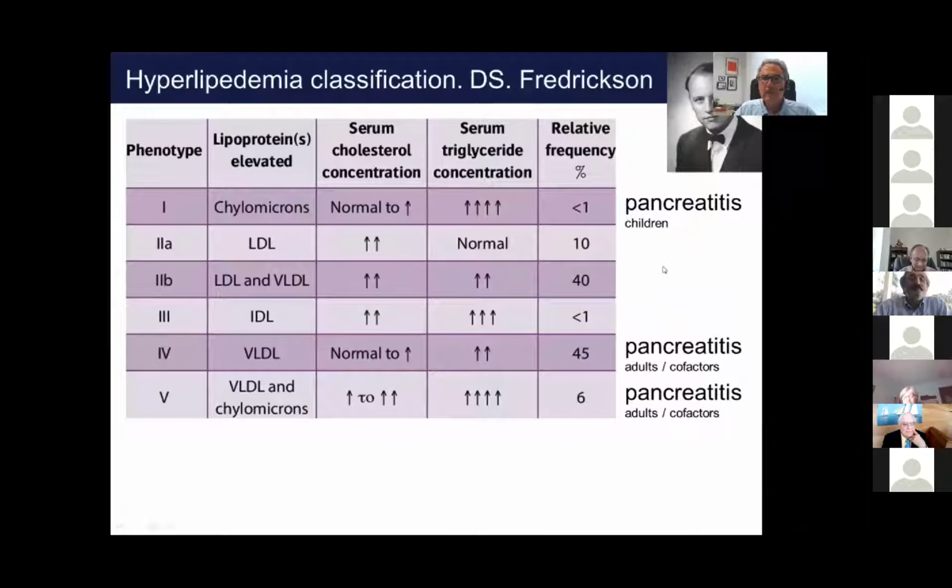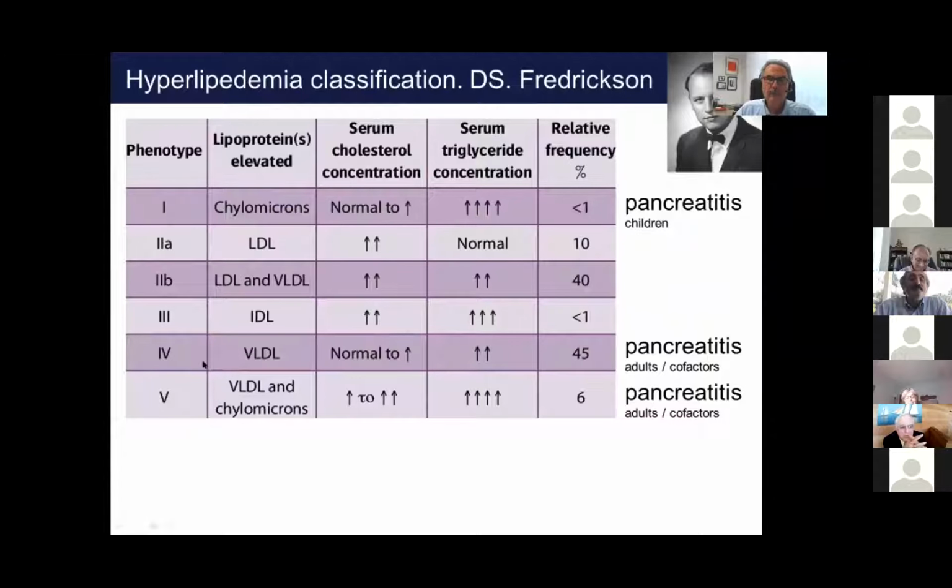When we talk about lipid disorders in the context of pancreatitis, we still use the more than 60-year-old classification by Dr. Donald Fredrickson, who was director of the NIH and classified lipid disorders according to paper electrophoresis. We have different types, and you can see that they have grown over the years: type 1, 2A, 2B, 3, 4, and 5.